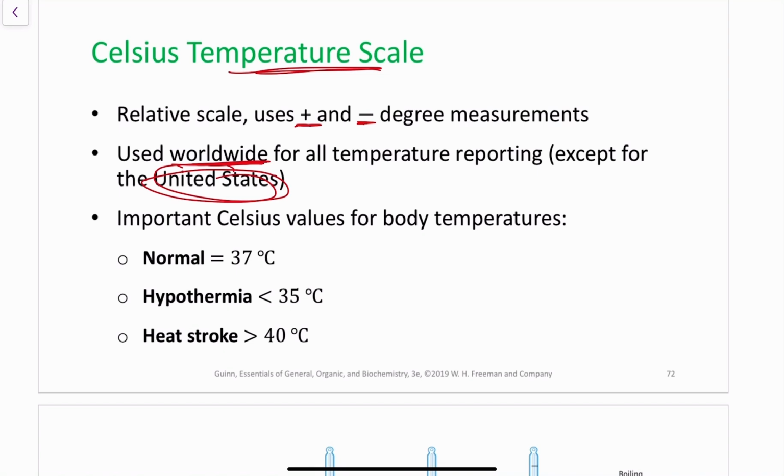Our normal body temperature is 37 degrees Celsius. If you have less than 35 degrees Celsius, then we can say that we have a hypothermia condition. And if you have more than 40 degrees, then we might have a heat stroke. So these are the normal numbers that tell us which condition the body has.